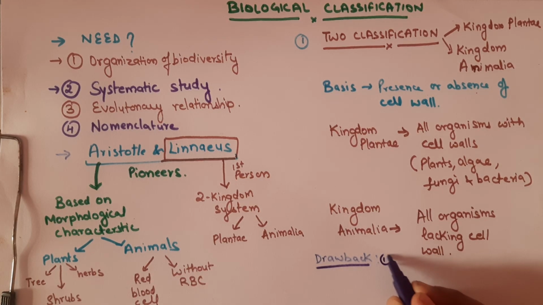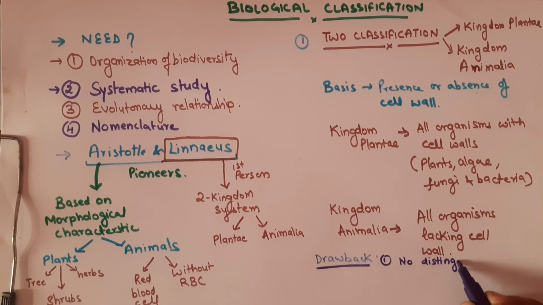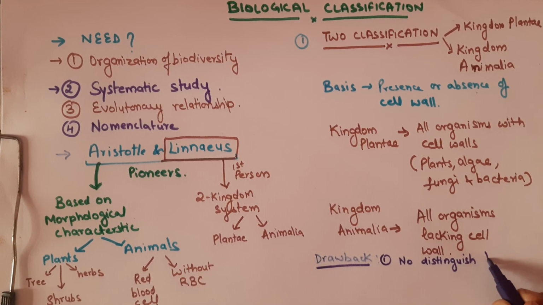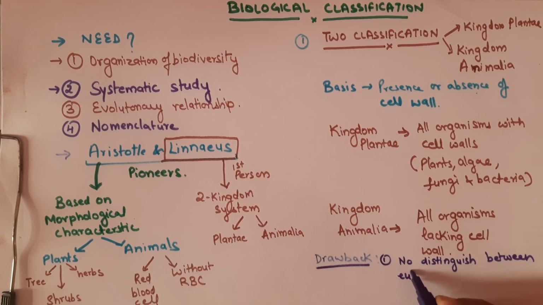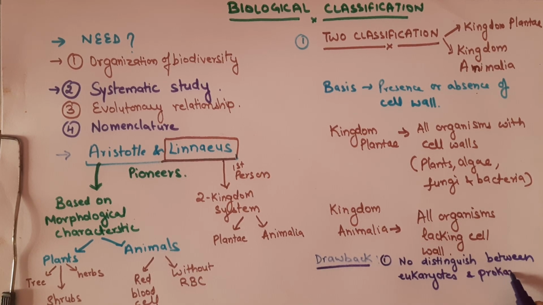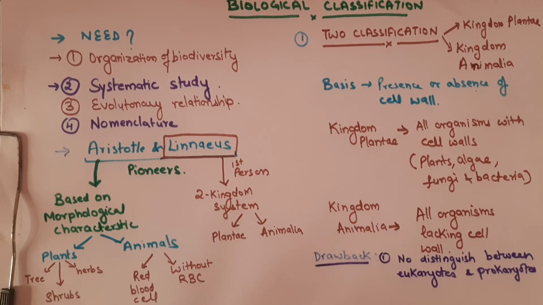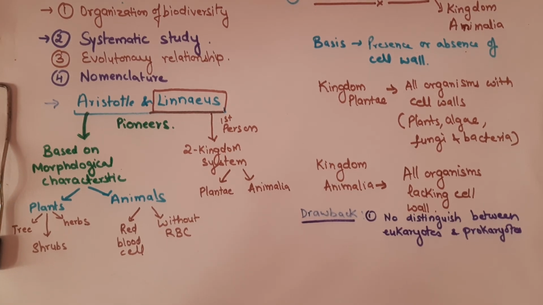So the first drawback was no distinction between eukaryotes and prokaryotes. This is the major drawback of the two kingdom method.